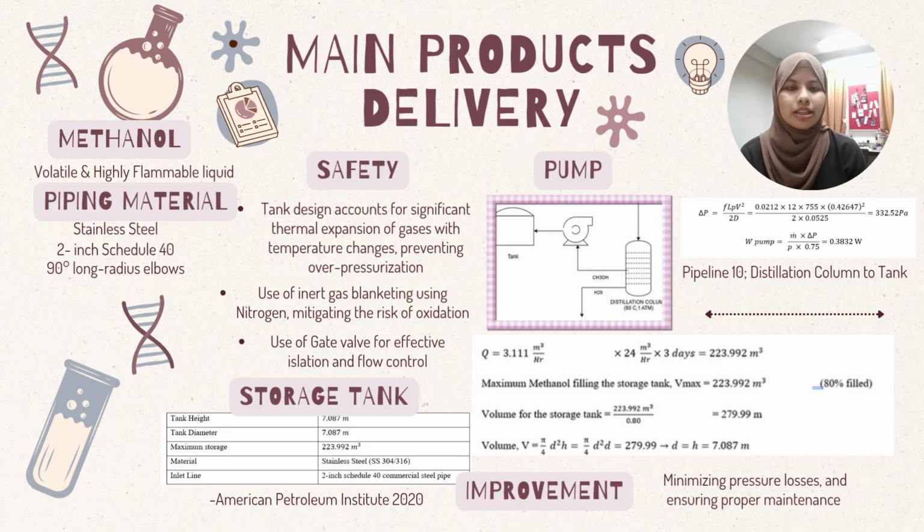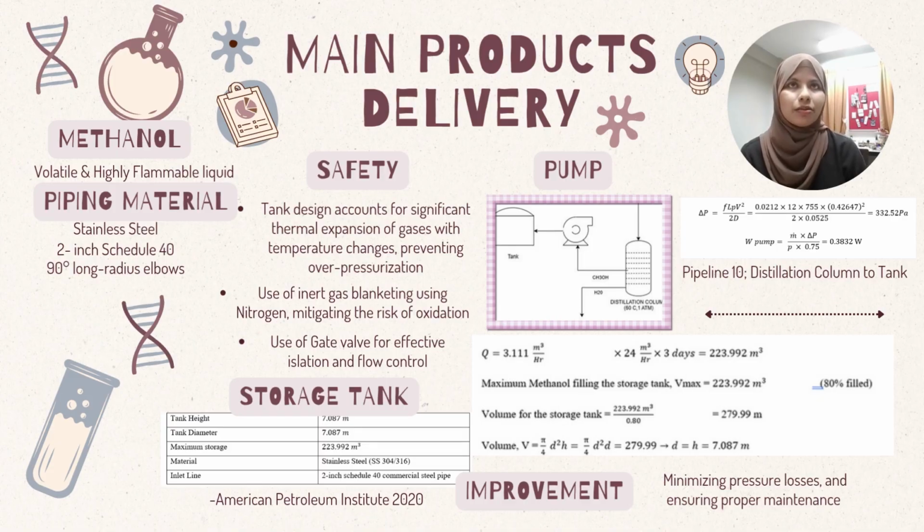Using this information, we can proceed to the next calculation where we know the volumetric flow rate, and we estimate it for 3 days. So we multiply it by 24 hours and then by 3 days. That's the volumetric flow rate that we get, which is around 223 cubic meters.